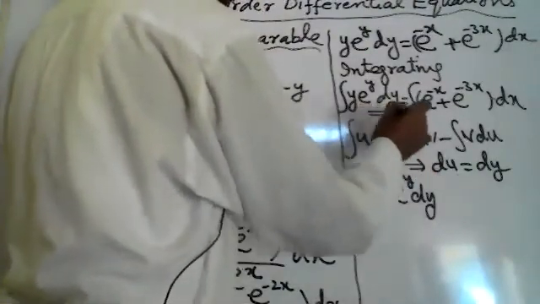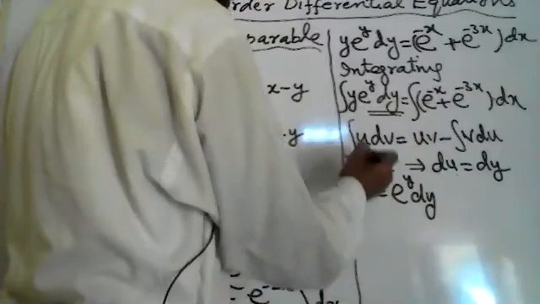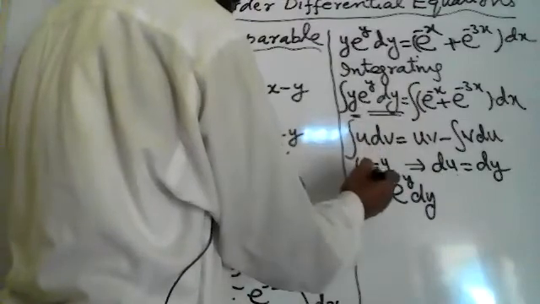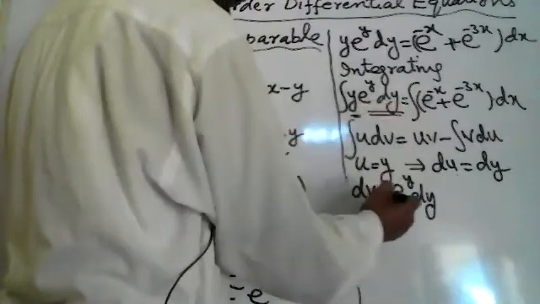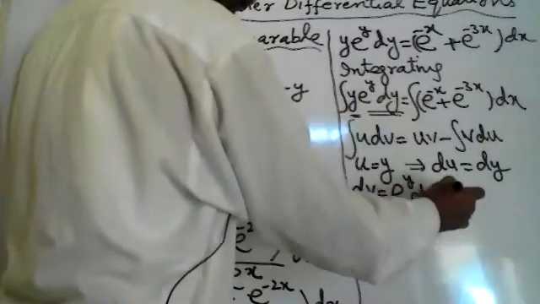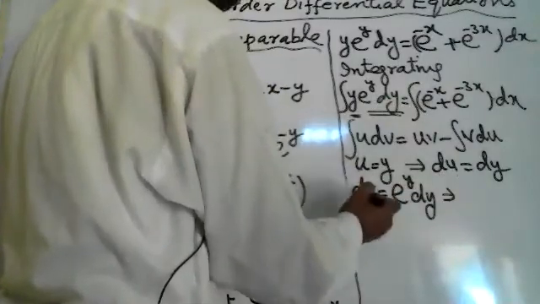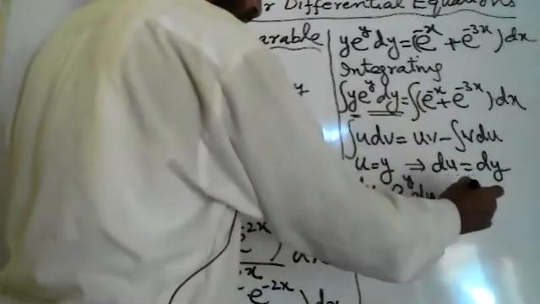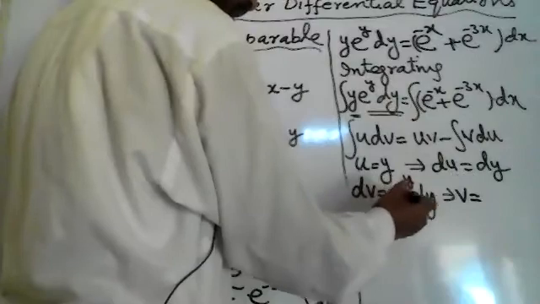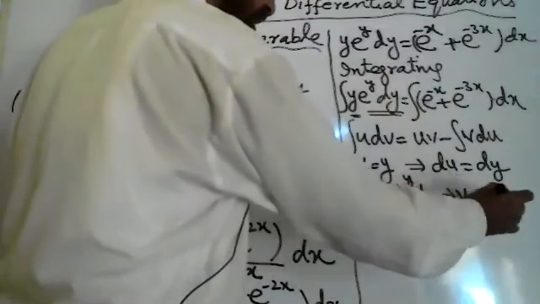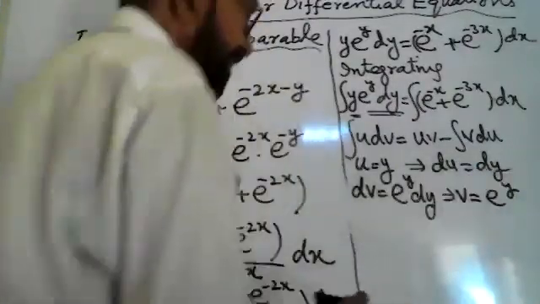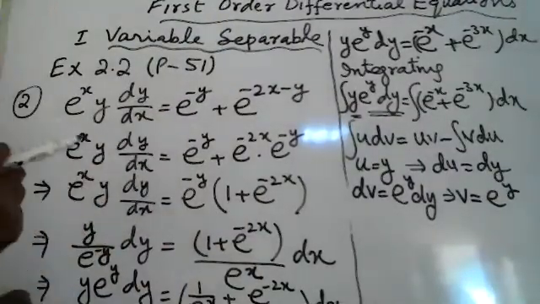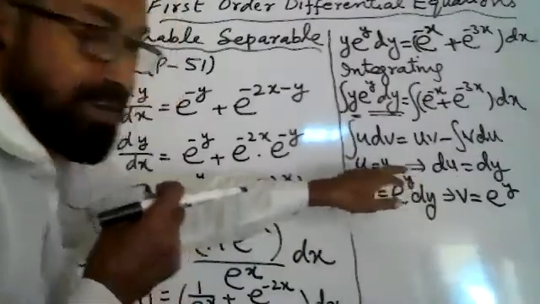Here we have to find v, the integration of this one. The integration of e raised to power y is e raised to power y divided by the derivative of the power y.